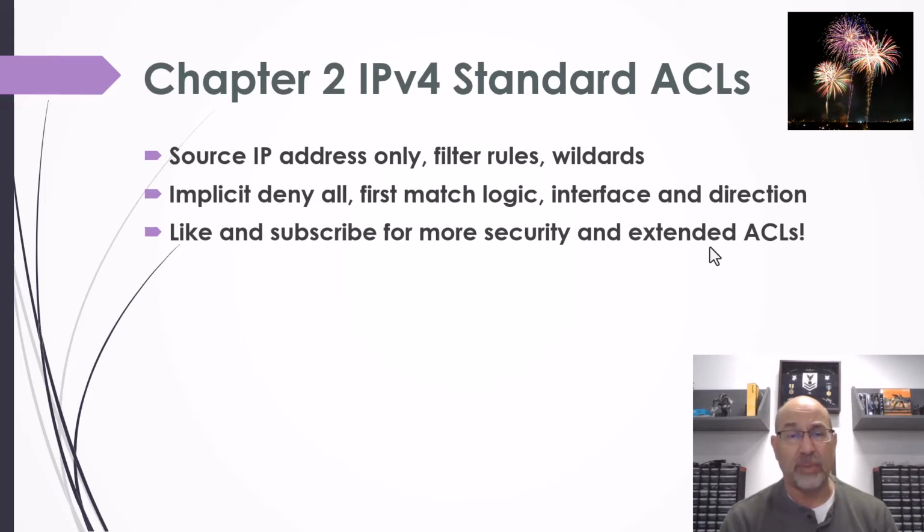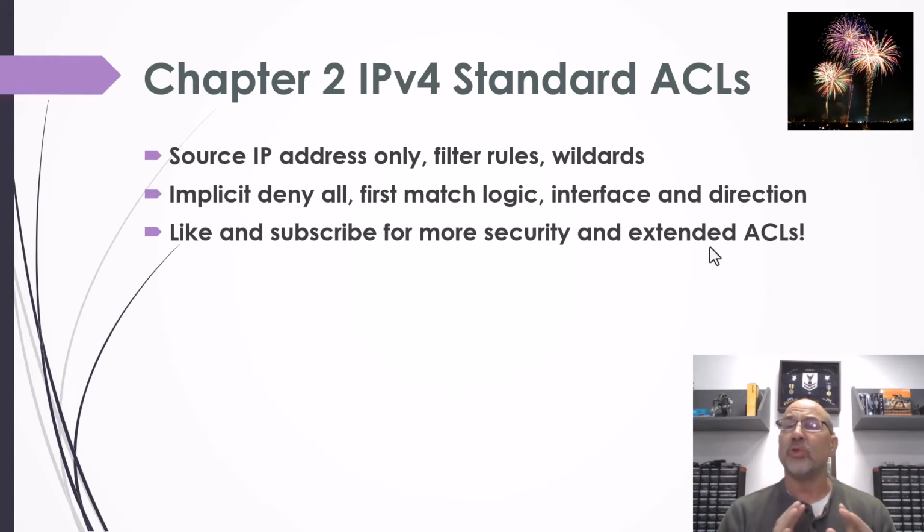Well, this has been Chapter 2, IPv4 Standard ACLs. Remember that standard ACLs are the low-numbered ACLs, 1 to 99 are typical. Source IP addresses only. And access lists have really 2 parts. There's the access list rules themselves, the filter rules, and you can have a whole bunch of those, but then you apply it to an interface and direction.